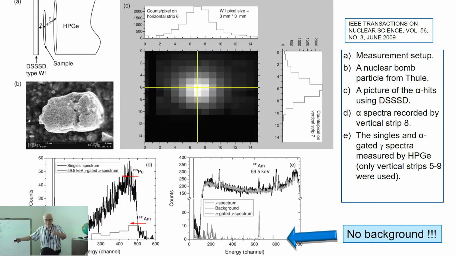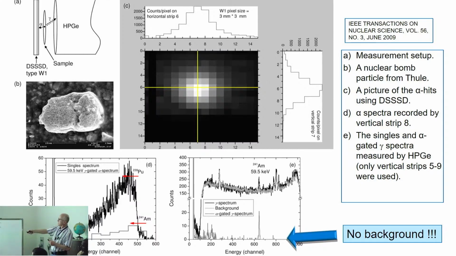In normal alpha spectrometry, you see this kind of spectrum, and you have to do spectrum analysis to calculate, for example, how many alphas come from americium. But now we can see clearly that these are only from americium.